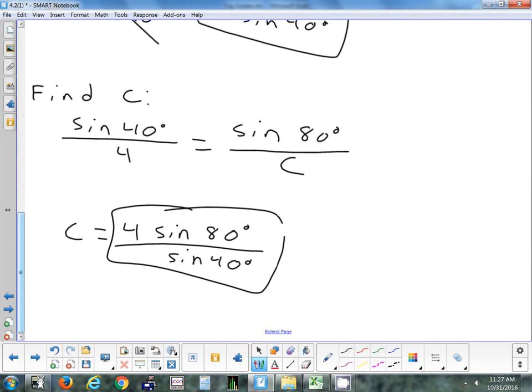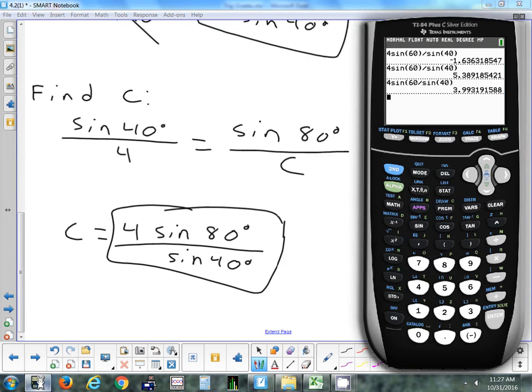But that's exactly what's going to happen if you do. 4 times the sine of 80 divided by sine 40. Okay, any questions on that? All right, so let's type it in.